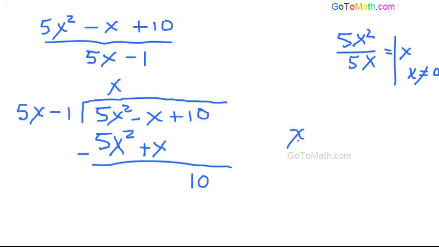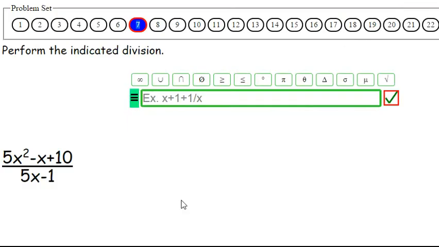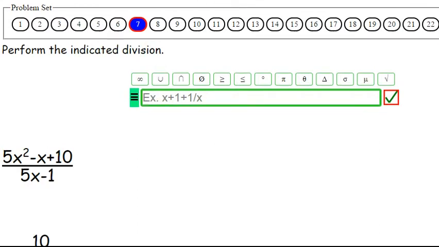So this is going to be x plus 10 over 5x minus 1. There you go. X plus 10 over 5x minus 1.